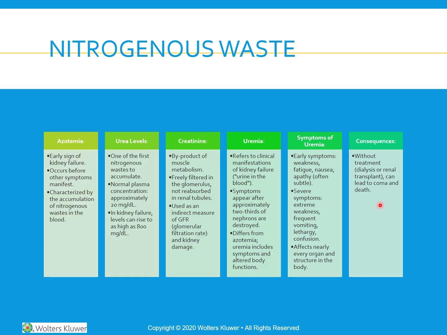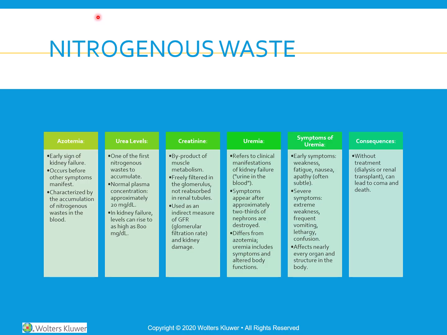Uremia means literally urine in the blood. Uremia differs from azotemia. Azotemia is merely the indication of accumulation of nitrogenous waste. Uremic states include signs and symptoms of things like altered fluid, electrolyte, and acid-base balances, and alterations in some of our other regulatory functions like blood pressure control, RBC or red blood cell production, impaired synthesis of vitamin D. And there are a lot of effects of uremia on body function.